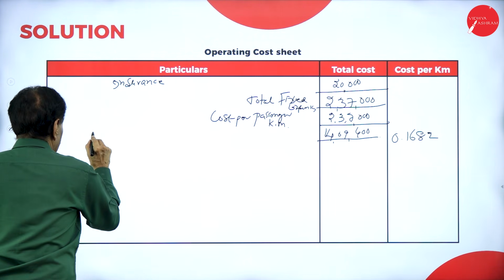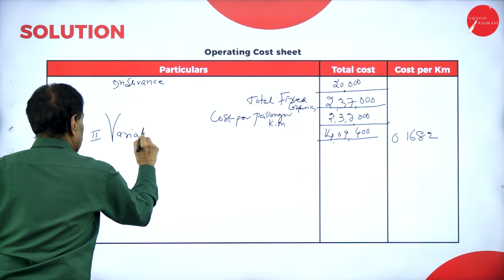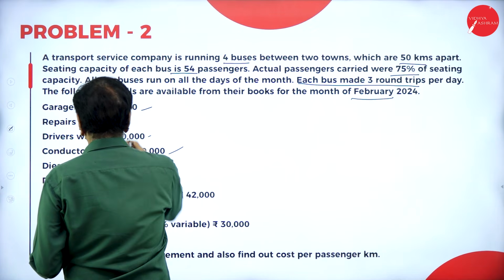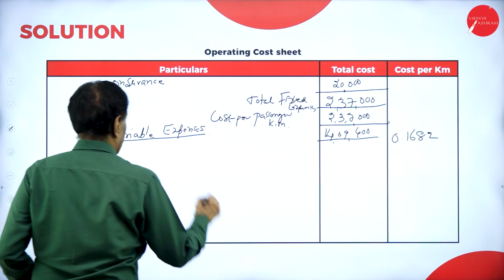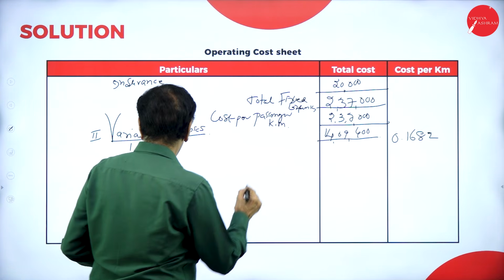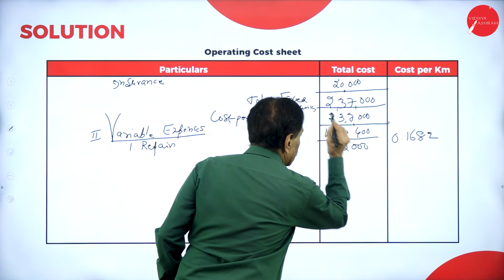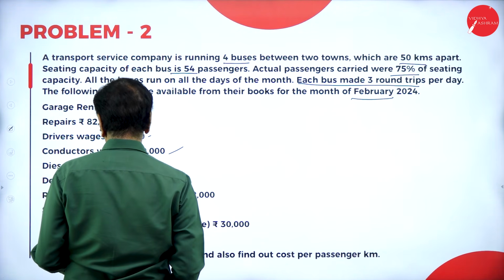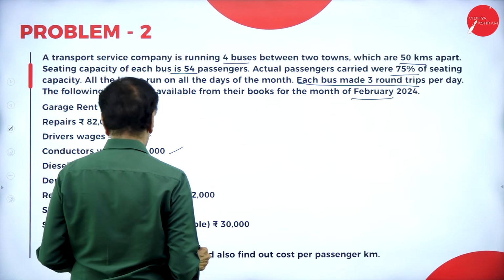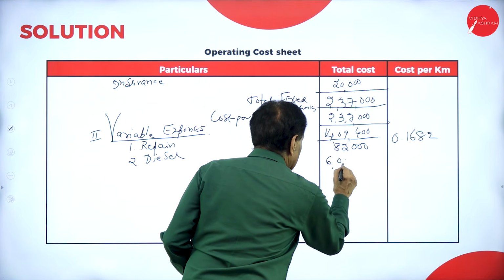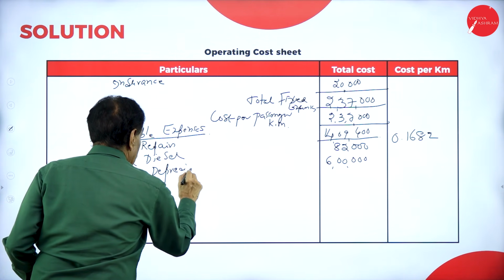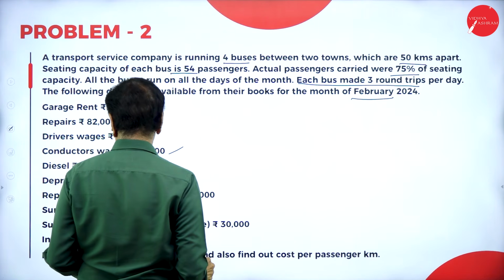Then number 2, variable expenses. Repairs work out to 82,000. Diesel, 6 lakh. Depreciation, 50,000.